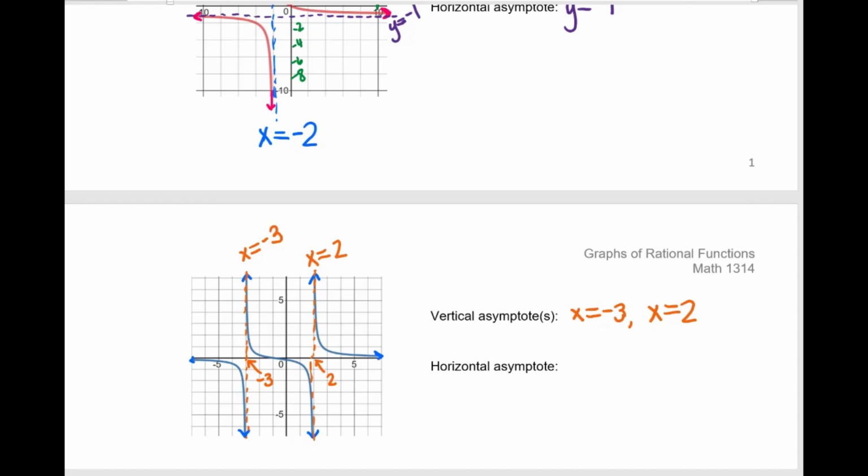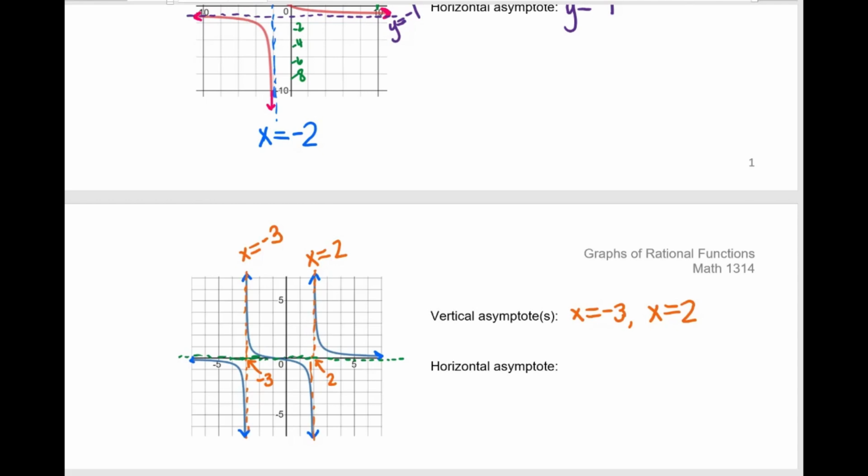So if we're looking for our horizontal asymptote, when we go on the left-hand side, it looks like we're getting really, really close to the x-axis. And if we go on the right-hand side, we're getting really close to the x-axis. And if you notice in the middle here, it flattens out the closer to the x-axis that you get.